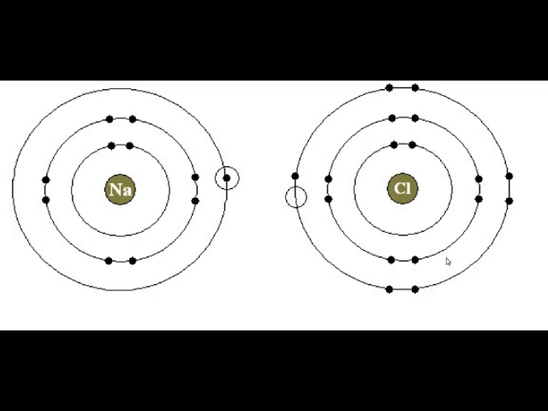Therefore, sodium is neutral. Similarly, in chlorine, the number of negative charges, electrons, is equal to the number of positive charges, protons, existing at the center.